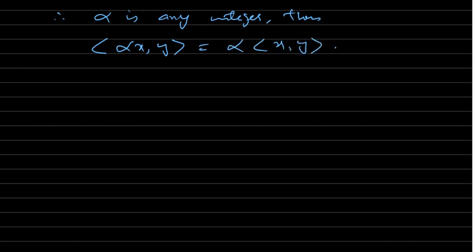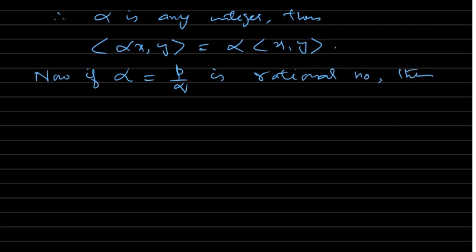Now you will prove it for rationals. So now if alpha is equal to p by q, a rational number, then we have this inner product p x with y, which is equal to inner product q times p by q x with y.